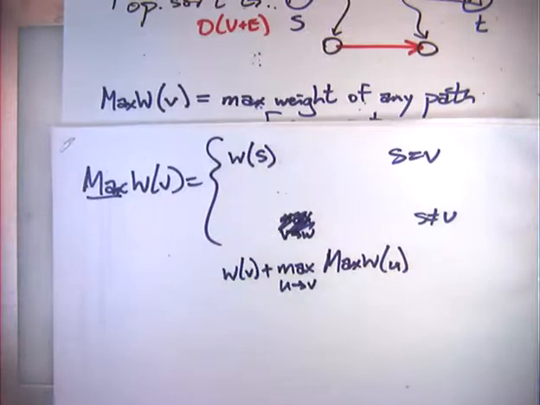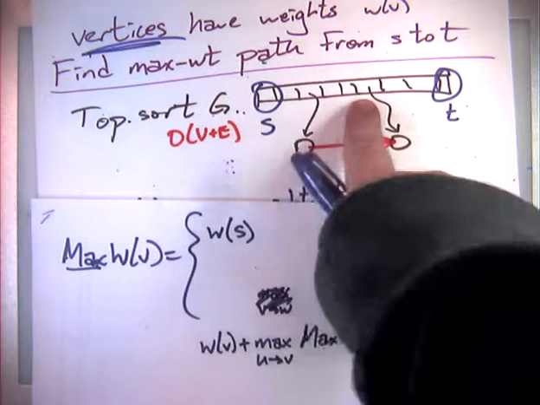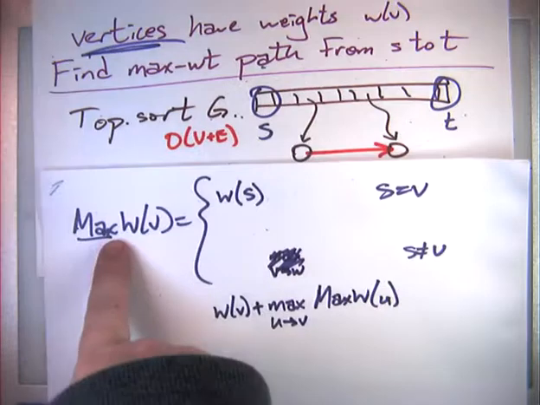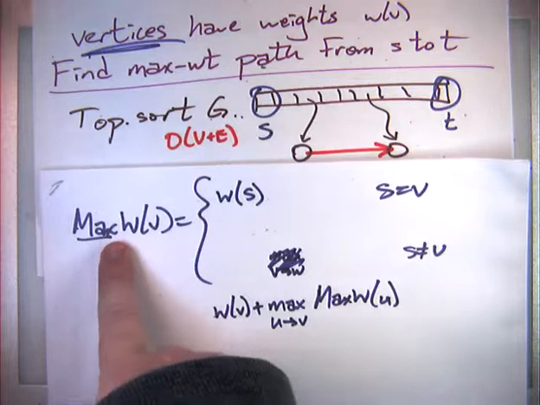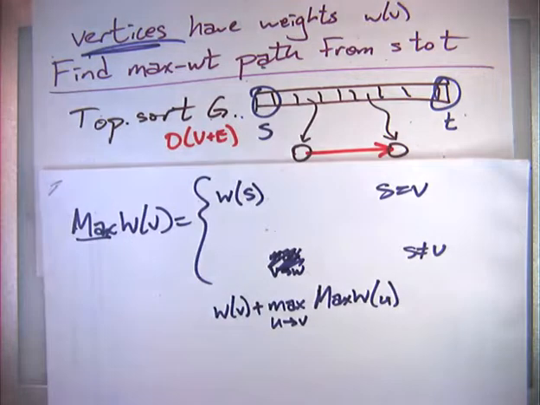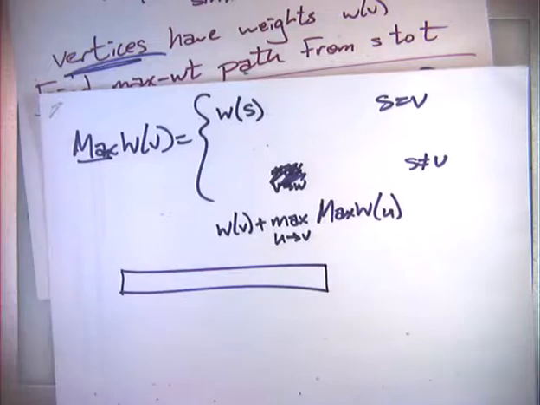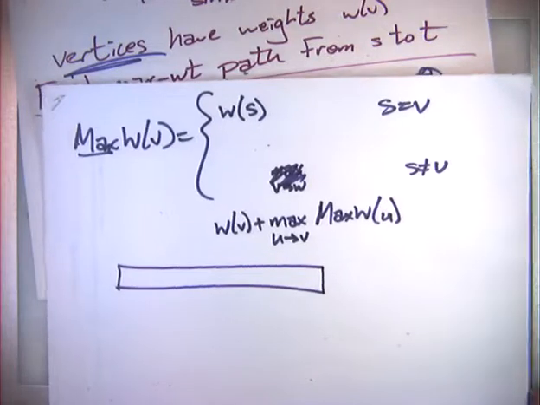How do I memorize this recurrence? 1D array. Or, equivalently, I store this value at V. Let's imagine that I memorize it into an array. What's the evaluation order?